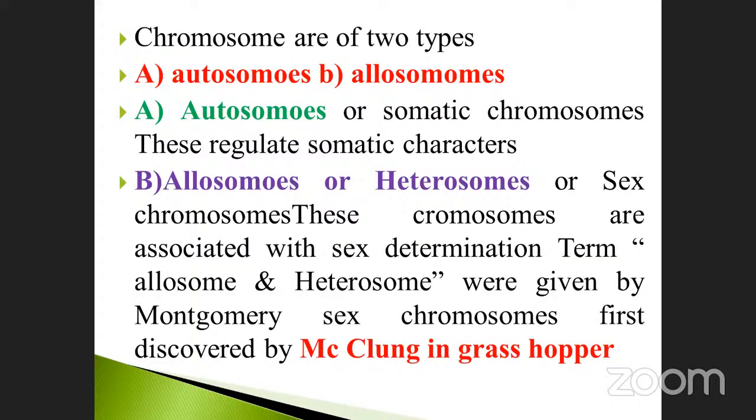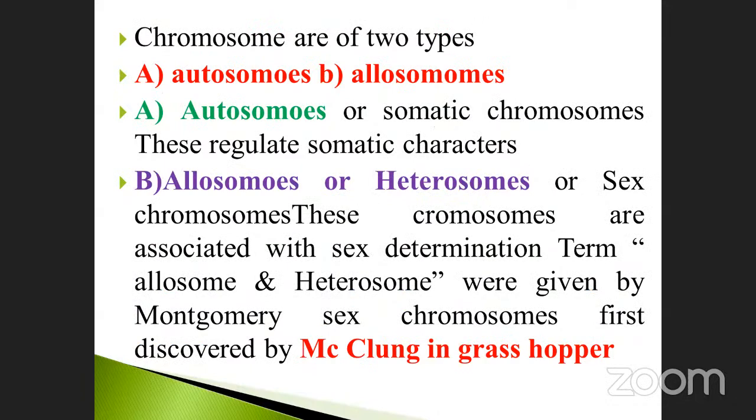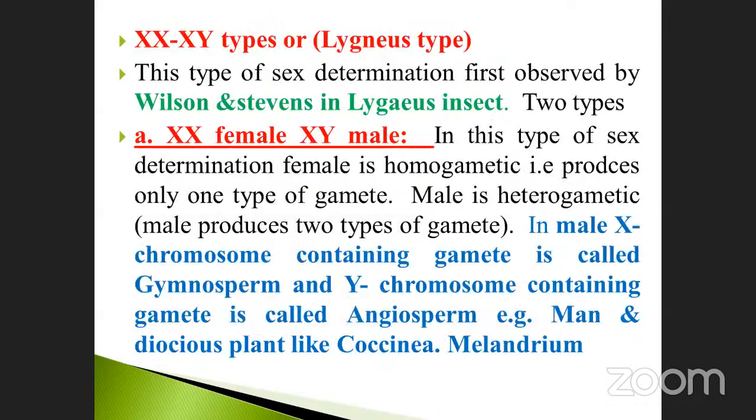And what is determined by autosomes? There are 2 types of chromosomes according to their properties: autosomes and allosomes. How they are, we already discussed. XX, XY type is also called the Lygaeus type.